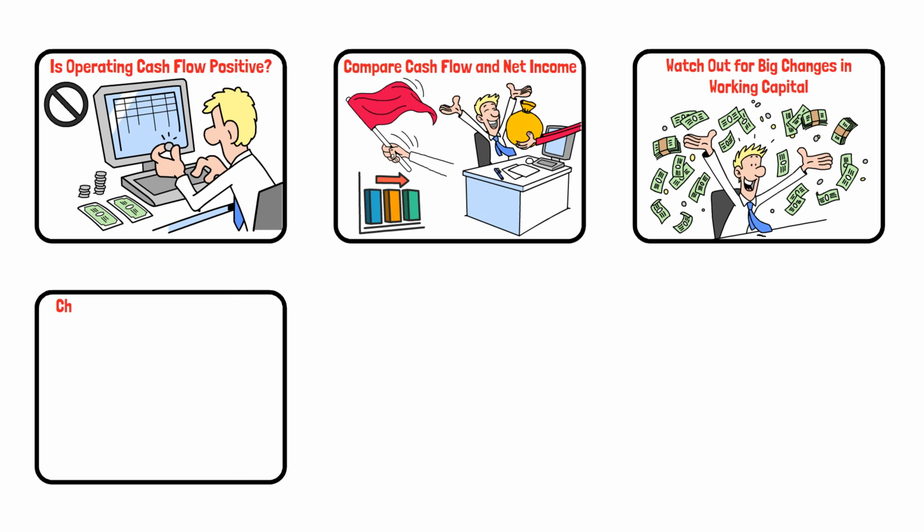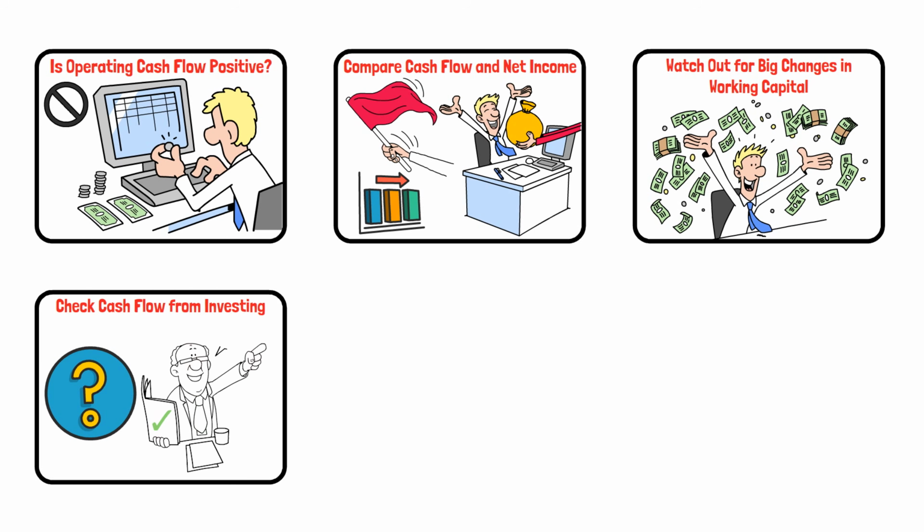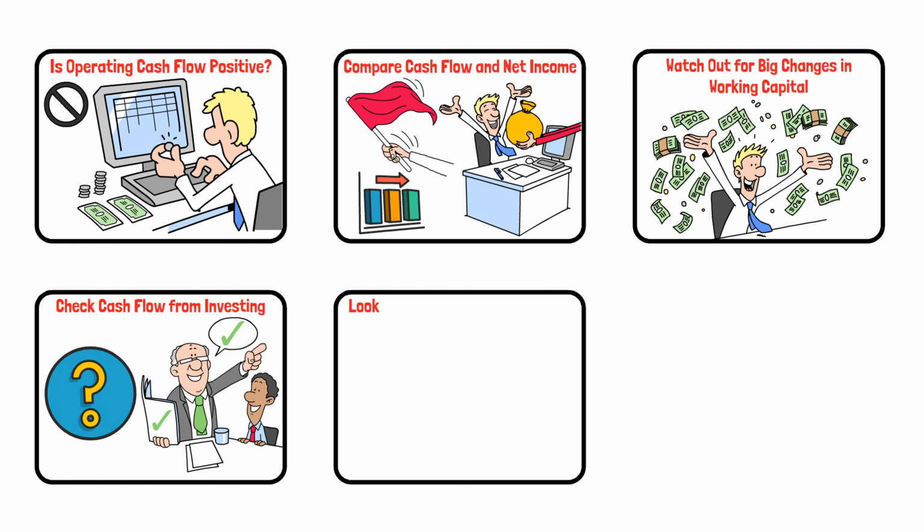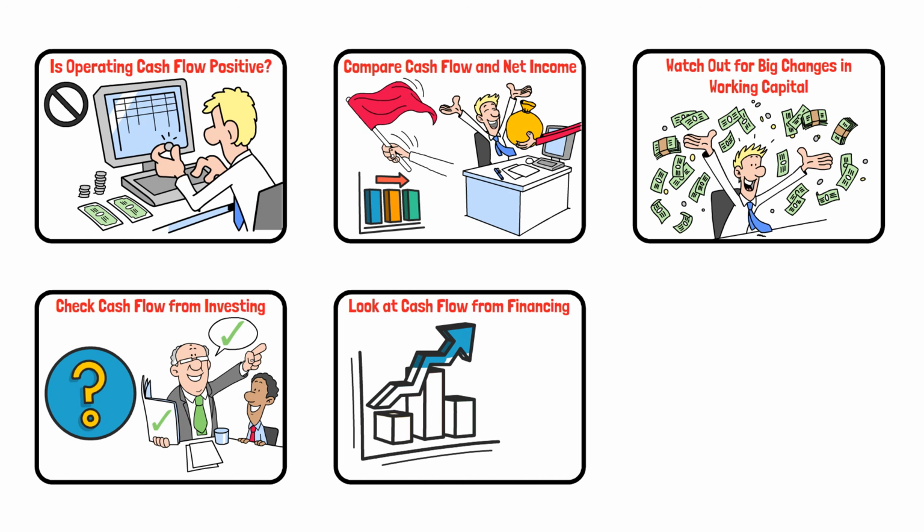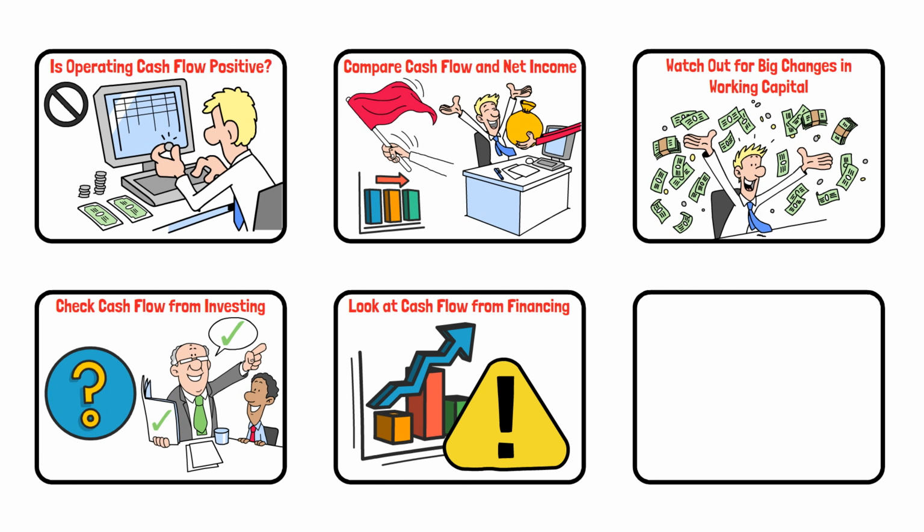4. Check cash flow from investing. Is the company investing for growth? That's usually good as long as it's sustainable. 5. Look at cash flow from financing. Raising capital is fine, but if a company constantly needs to borrow to stay afloat, that's a warning sign right there. 6.